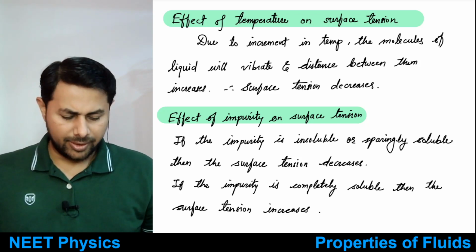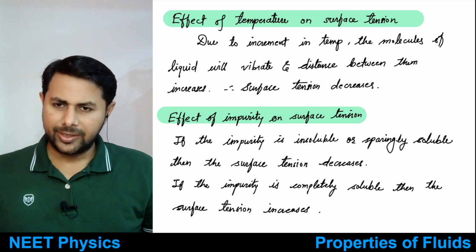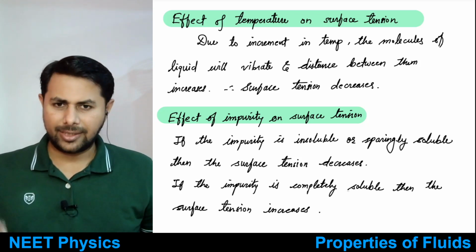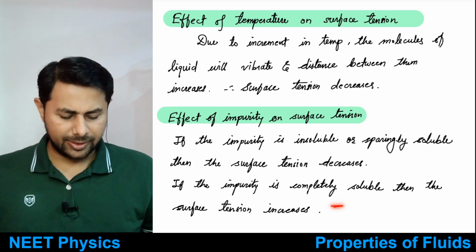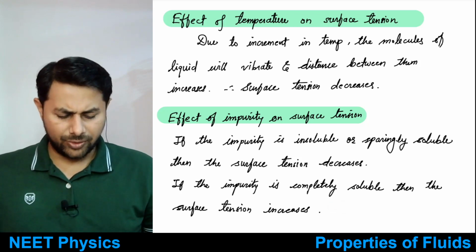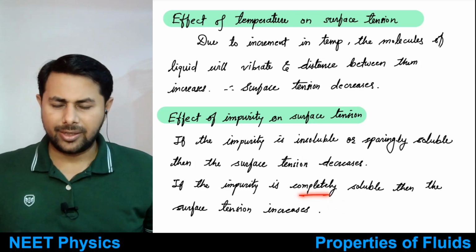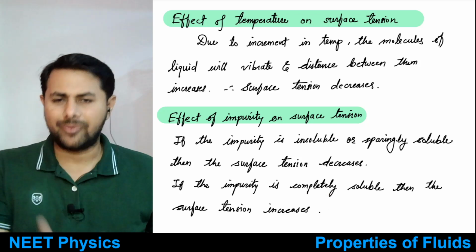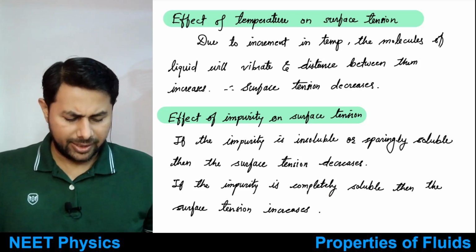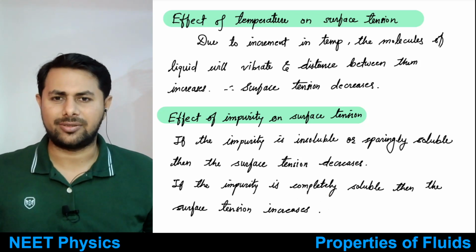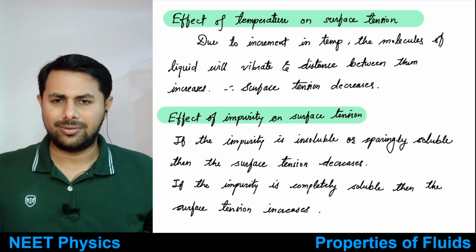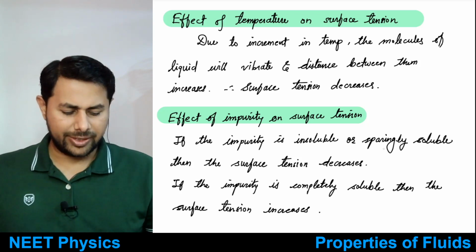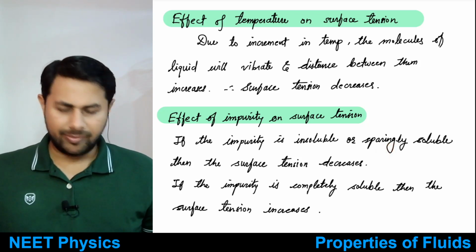So if the impurity is soluble, it means the adhesive force is more compared to what? That of the cohesive force. So this impurity acts as if it is part of the liquid only, and it gives rise to an increment in surface tension, right? But if it is not soluble, what will happen?